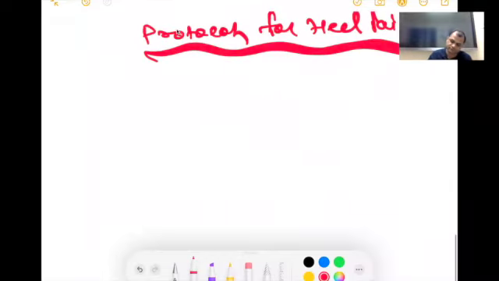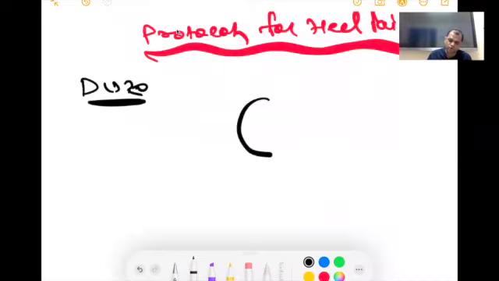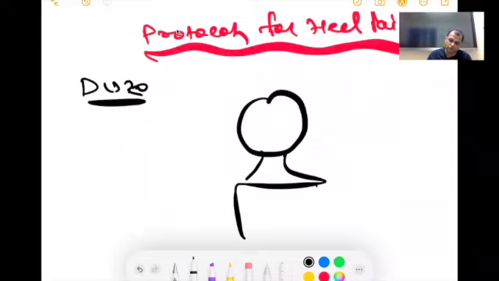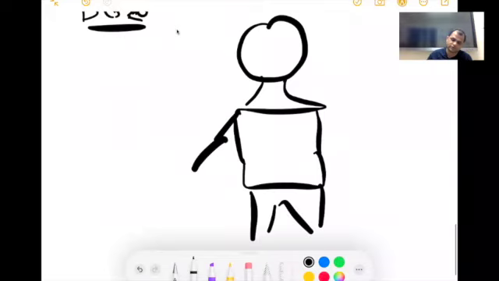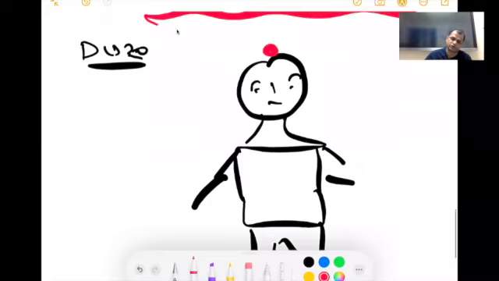Number 1, the DU20. Why DU20? Because DU20 is located in the upper part of the body, in the top of the body. That is the DU20.